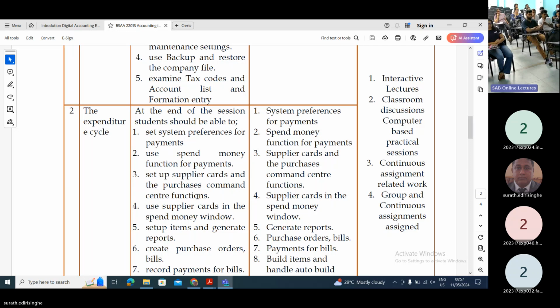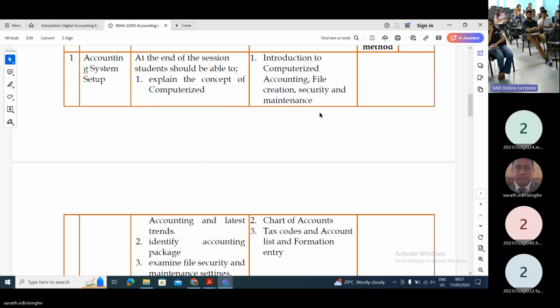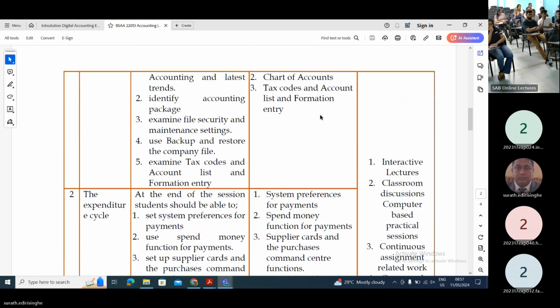Session number 2, topic number 2, will be discussed in week number 3 or 4. These are the knowledge areas. You get a specific knowledge area.